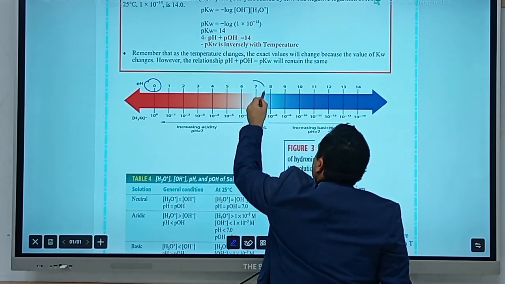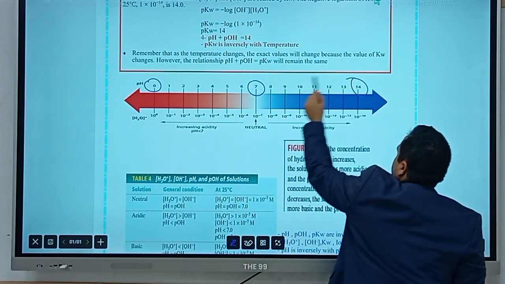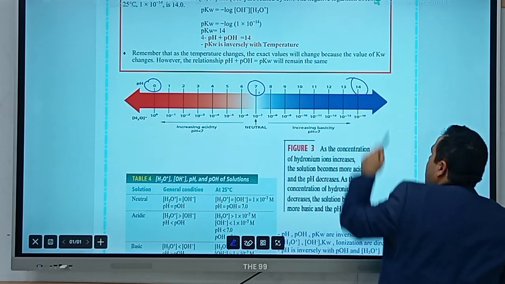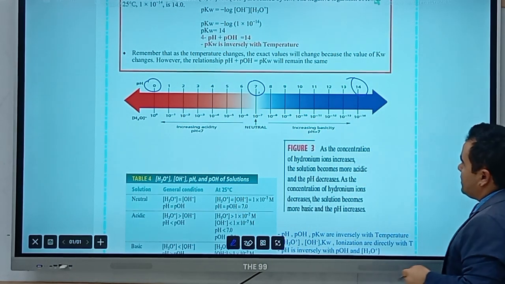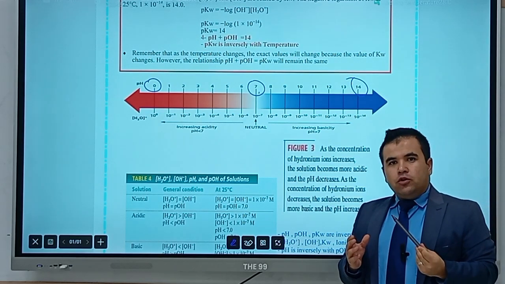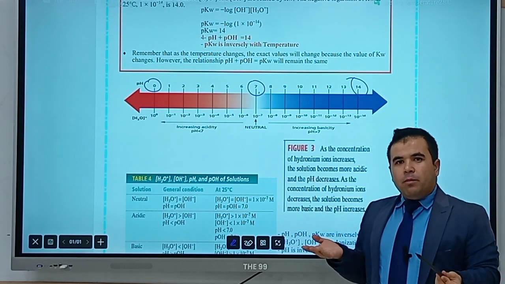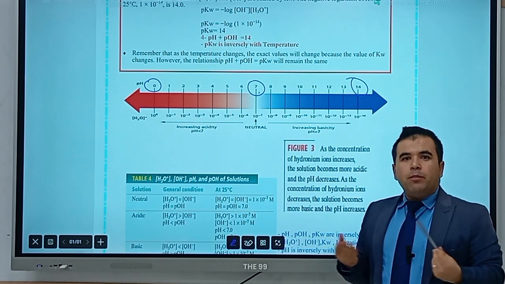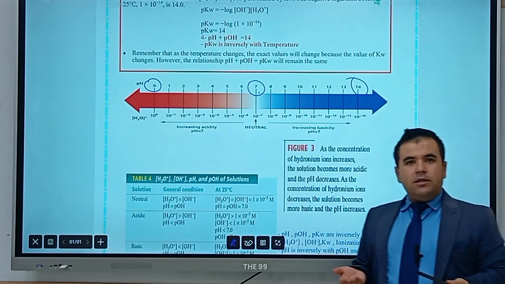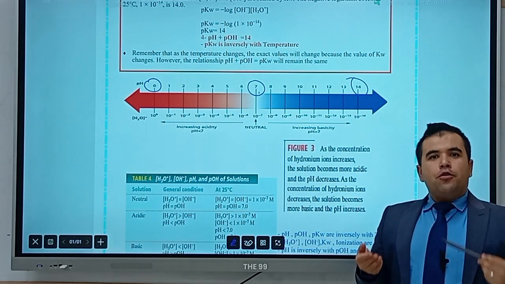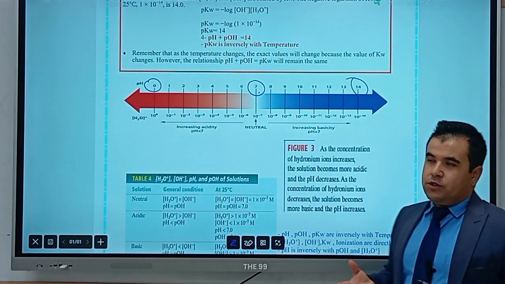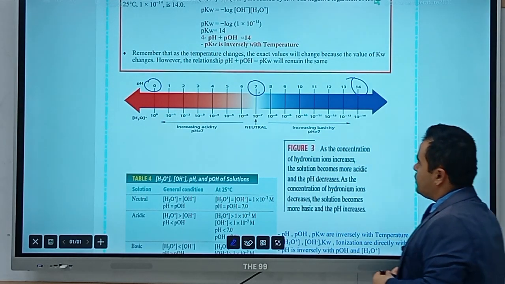I will highlight 0, 7 and 14: the least, the midpoint and the highest point on the scale. Prior to that, as I told you, the pH scale is a scale of measurement used to measure the pH of solutions, determining the acidity and alkalinity of a solution through an easier method, which is whole numbers instead of small numbers.